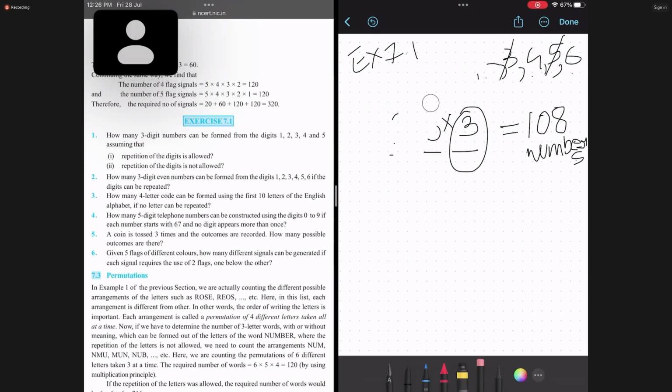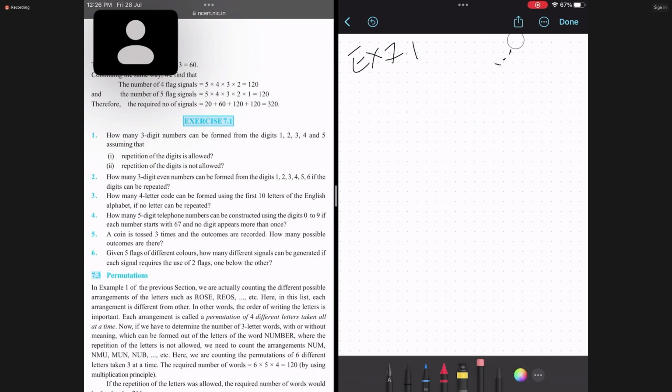Moving on. We are on to question number 3. How many 4-letter codes can be formed using the first 10 letters of the English alphabet if no letter can be repeated? Correct.